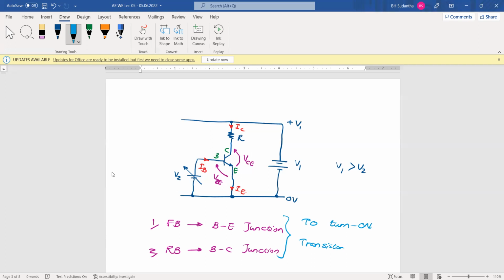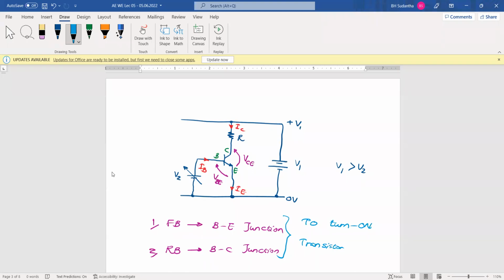The base to emitter junction should be forward biased and the base to collector junction should be reverse biased. Remember this. However you check, if these two conditions are there, then definitely this transistor can be turned on. Is it clear?